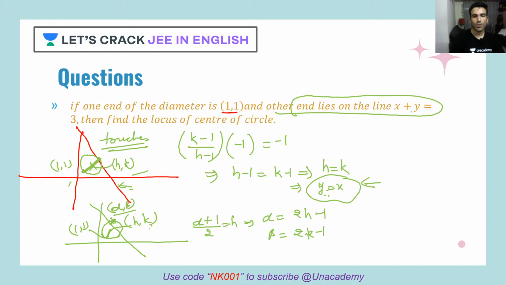Now these points are lying on this straight line, so twice of h minus 1 plus twice of k minus 1 is equal to 3. So finally the equation will become twice of x plus twice of y equal to 5. This is your final locus of the center of the circle.